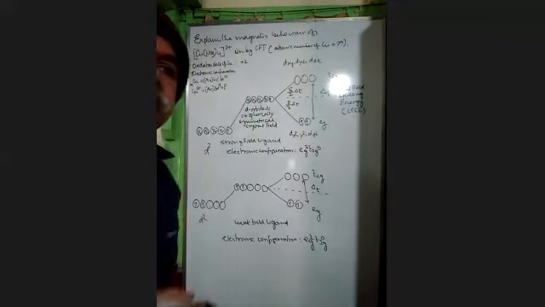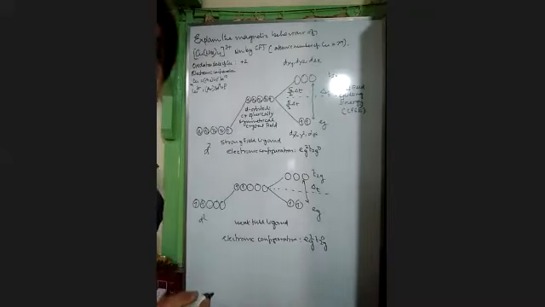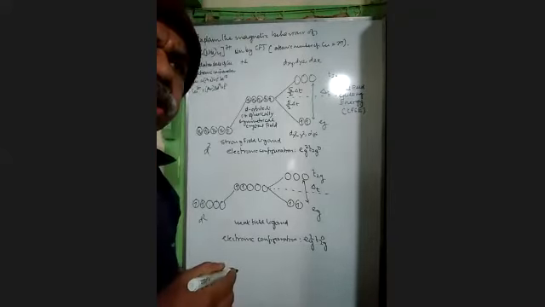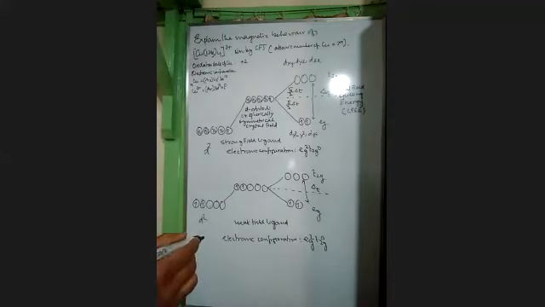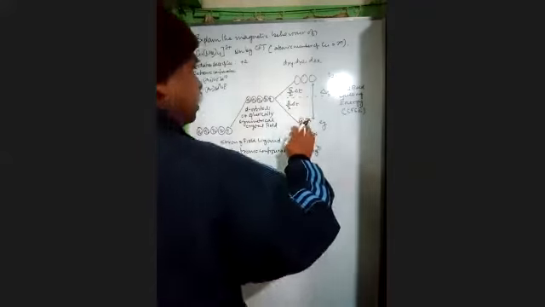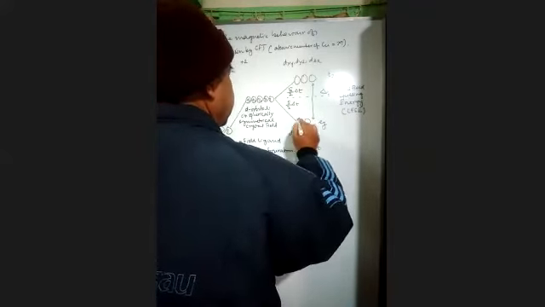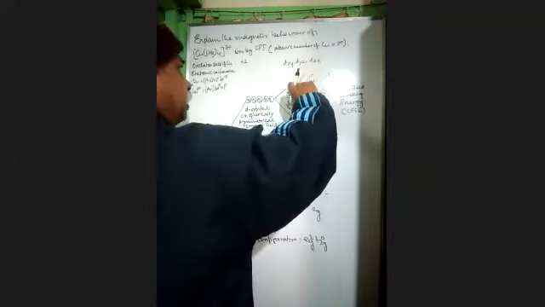Ammonia is a strong field ligand or weak field ligand? Ammonia is strong field or weak field? Strong field. Tell loudly. Strong, sir. Yes. So this will be the splitting. So what will happen now here? See here, the splitting will be more.